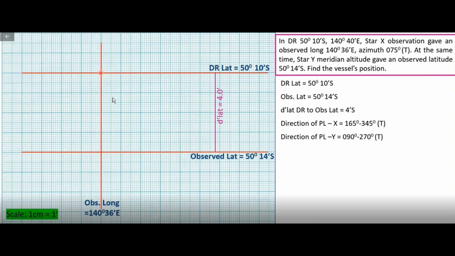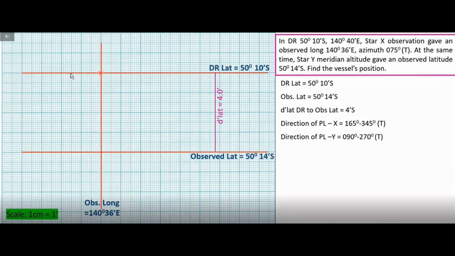Now beta, any vertical line can be considered as your observed longitude. So wherever you have space, you can use any vertical line as your observed long. We have picked up this particular line and named it as our observed longitude of 140 degrees 36 minutes east.